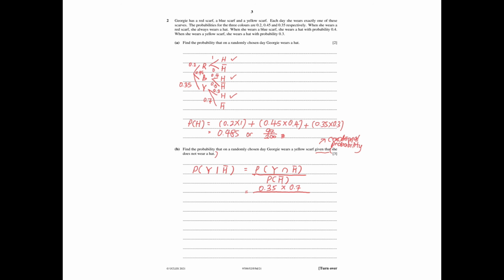So here, for no hat, it is just 1 minus the probability of hat, that is 97 over 200, and we continue counting this and you will get 0.476 or 49 over 103. So this is the answer.